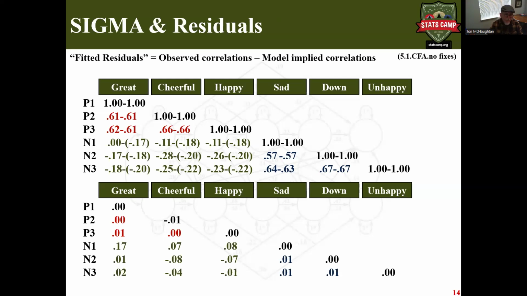There's one in there, the 0.17 between sad and great, that is a little on the high side, but it's close enough to zero. And because there's no theory that would indicate why great would have a correlated relationship with sad, we would disregard that fitted residual as being meaningless and therefore ignorable.